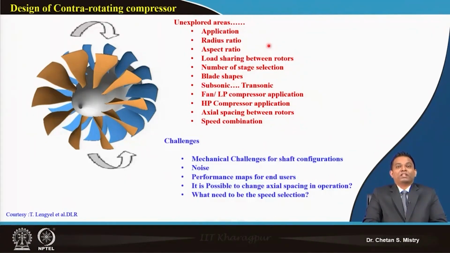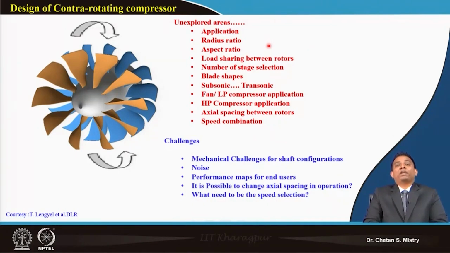Suppose we consider one of the configurations we have seen for a European engine, where the LP compressor is on one spool, and the HP compressor is on another spool. We have realized the LP compressor has a different kind of configuration, and the IP compressor is on a third configuration, because we are having the contra rotating concept.